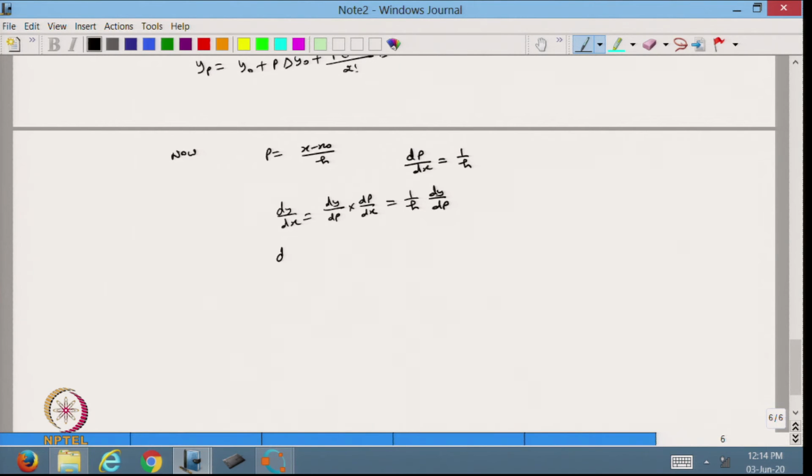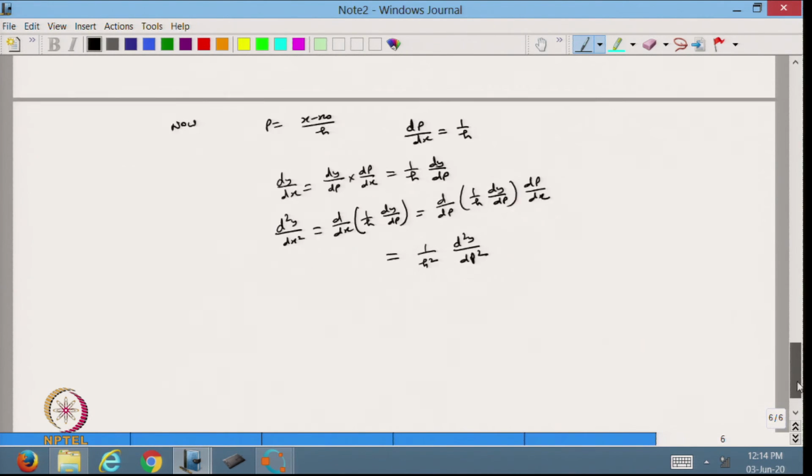Similarly, I can define the second derivative: d by dx of (1 by h dy by dp) will be d by dp of (1 by h dy by dp) into dp by dx, and from here I will get 1 by h square d square y by dp square.